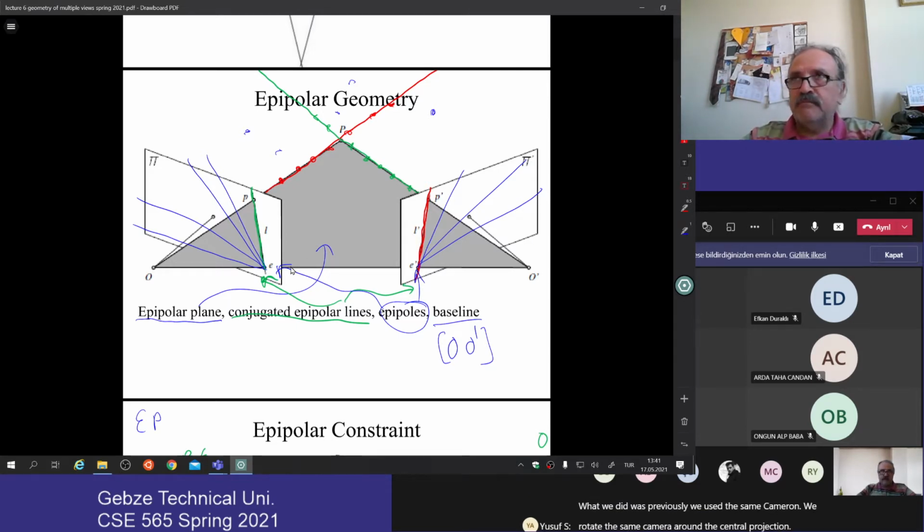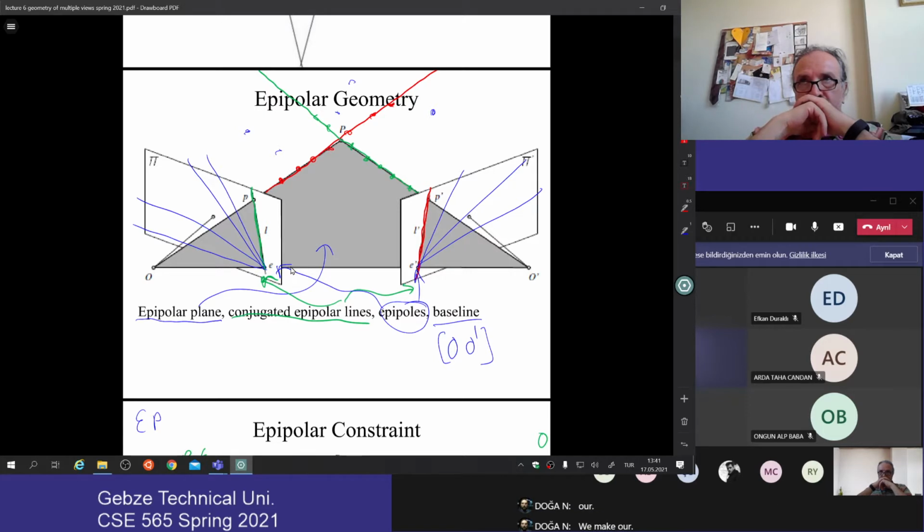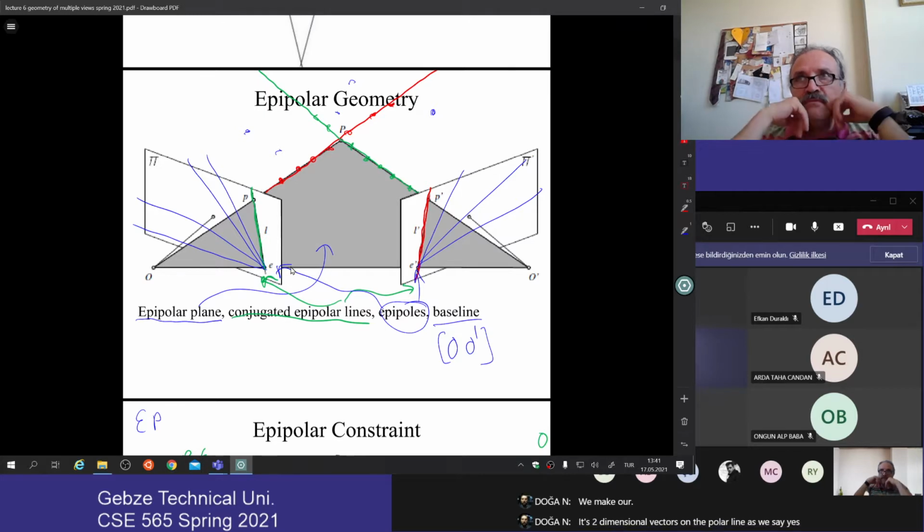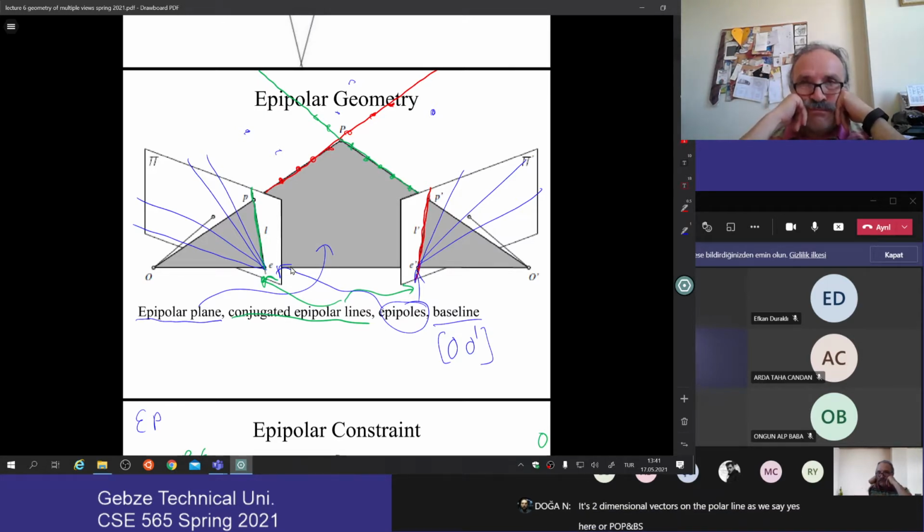Okay. Thank you. And I have another question about when we make our two-dimensional vectors on a epipolar line, OP, and we multiply it with a scalar, and then we find the line as a vector and a scalar.